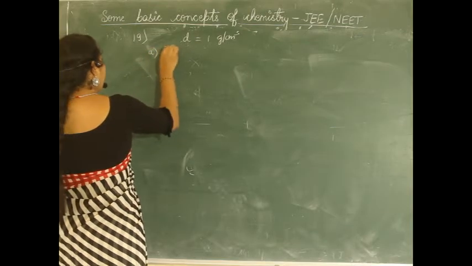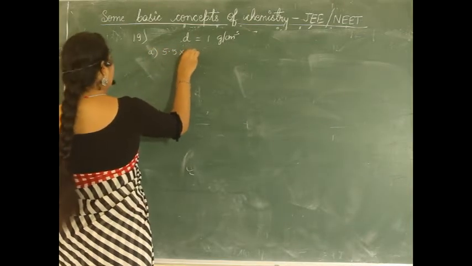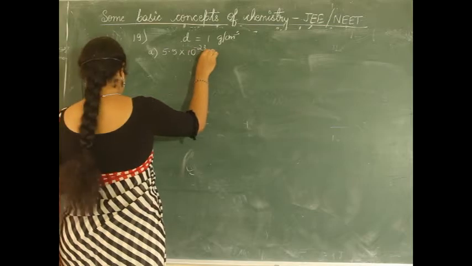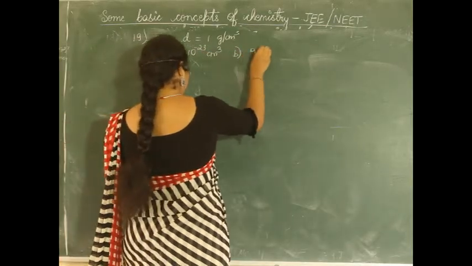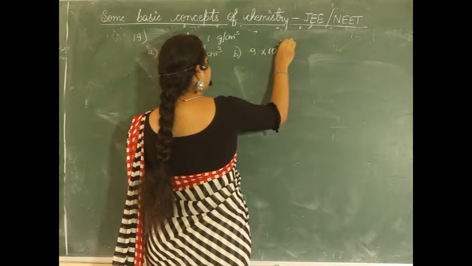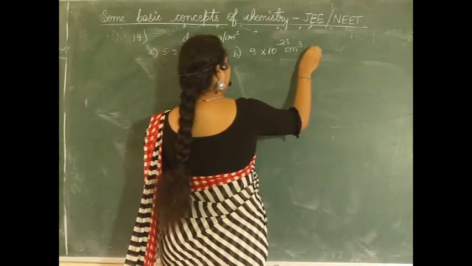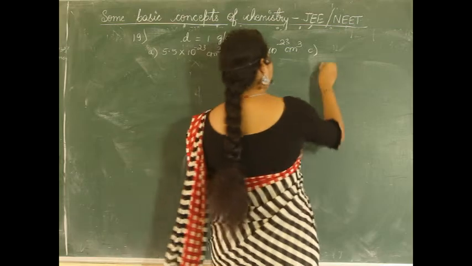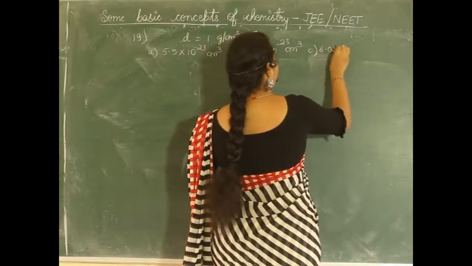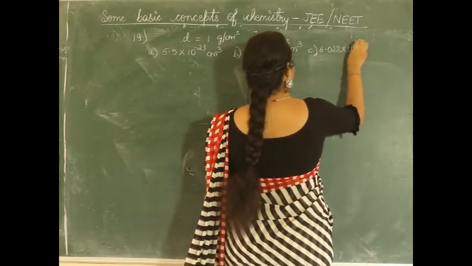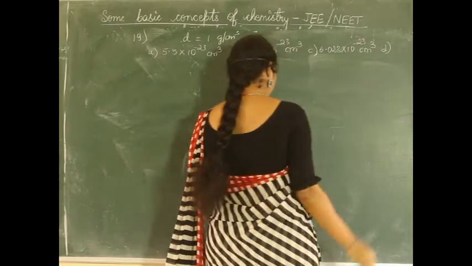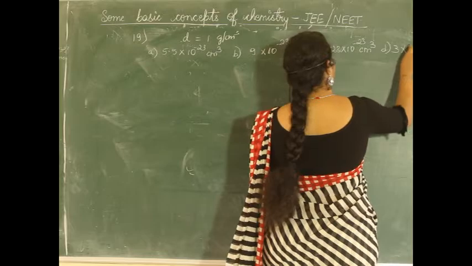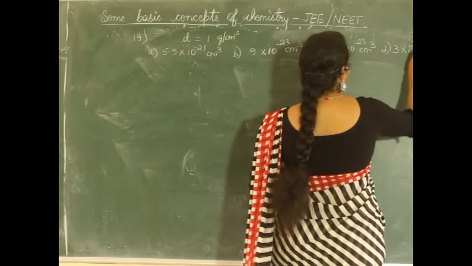Options are: A, 5.5 into 10 to the power minus 23 cm cube; B, 9 into 10 to the power minus 23 cm cube; option C, 6.023 into 10 to the power minus 23 cm cube; and option D, 3 into 10 to the power minus 23 cm cube.